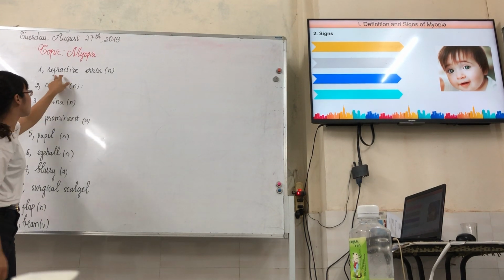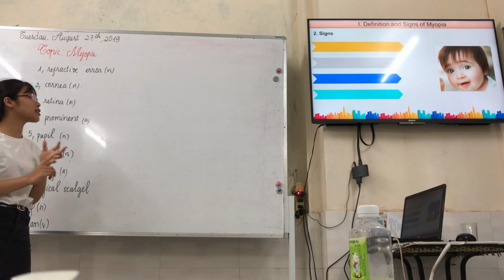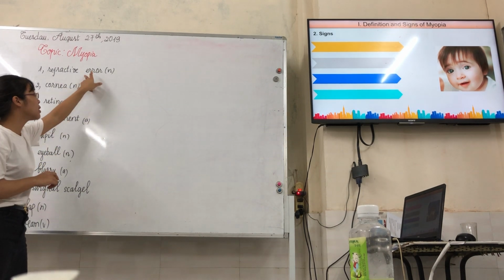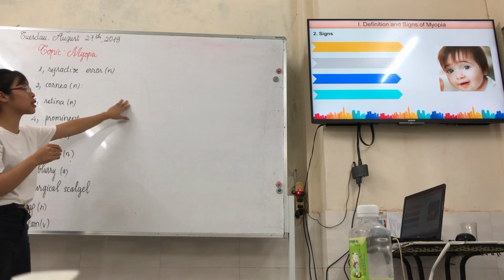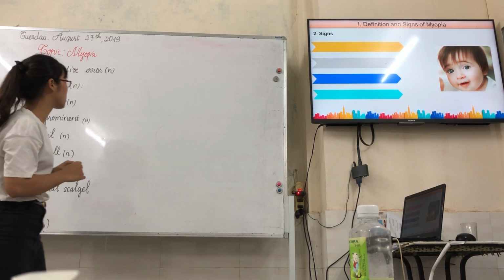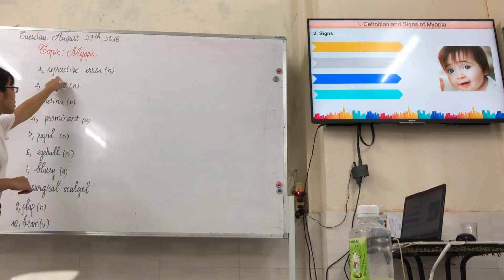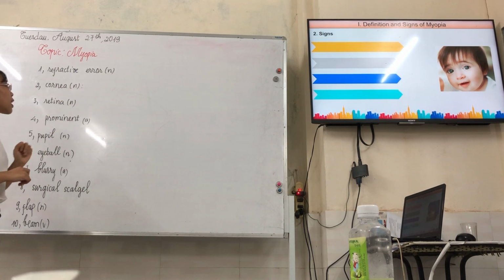Refractive error is when the parallel light hits your eyes, it doesn't land on the retina correctly, and that's the reason why you can't see objects clearly.